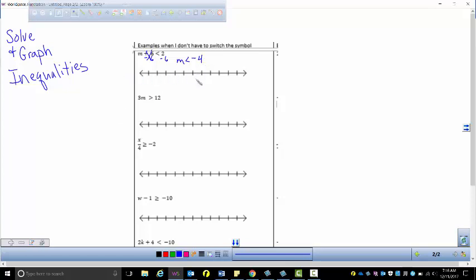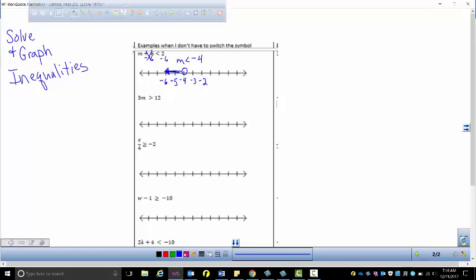So then I go to the middle of my graph, put negative 4, and here I'm going to put negative 3 and negative 2. On this side I would have negative 5 and negative 6. And then I look here, it's less than, so it's an open circle. It's less, so it goes to the left. So I draw my arrow to the left, just like that.